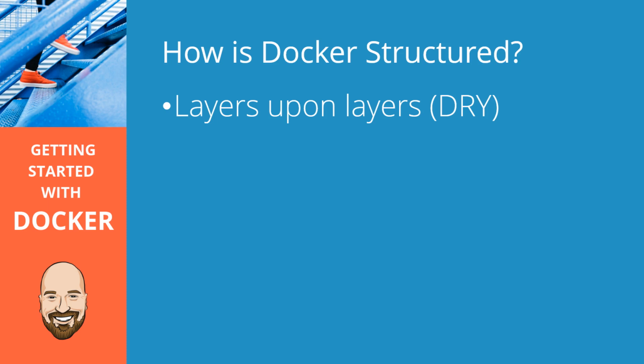So it's layer upon layer, and the top layer or layers are your application, all of the dependencies, and anything else that is connected with your application. So it's layer upon layer.